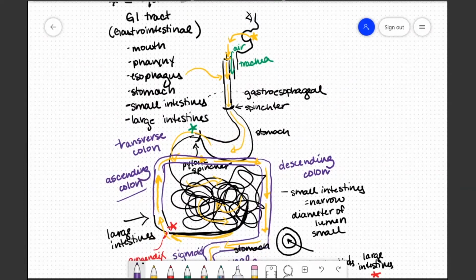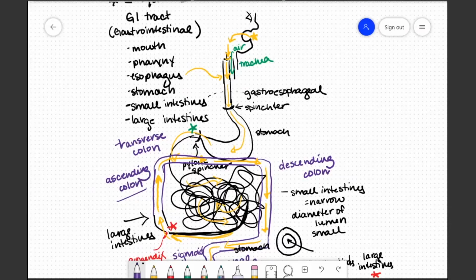That was an issue. Whereas in the GI tract, it is also a one-way direction, so the food should go in through the mouth and then out through the rectum. However, as we know to be true, this system can also get reversed and foodstuffs can go backwards. It's not quite as problematic as it is in the cardiovascular system, but this is not necessarily by definition a one-way system.